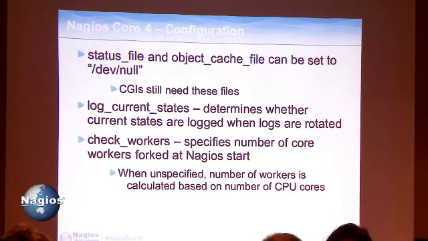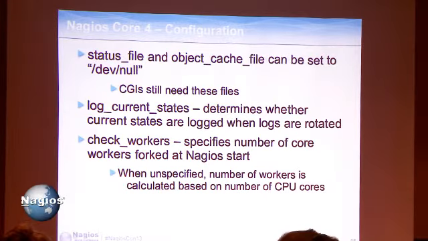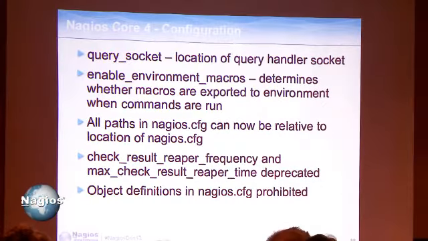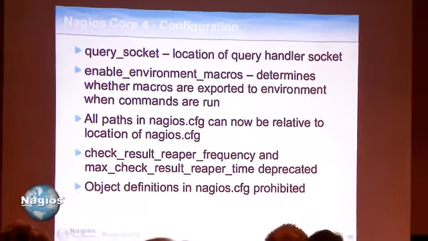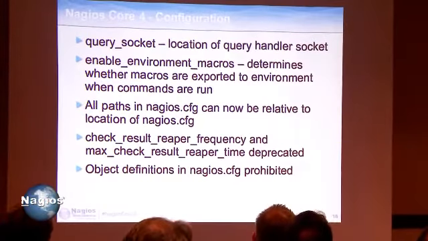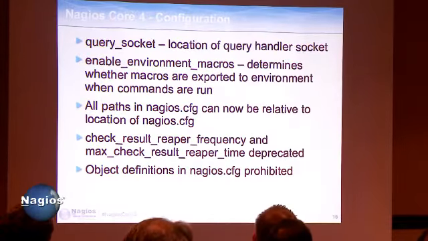Andreas, correct me if I'm wrong, I think it's 1.5 workers per CPU core with a minimum of 4. So that's one option. The other option related to the query socket is just the location of that query handler socket. So if you don't like it where it is in your local Nagios, you can move it.